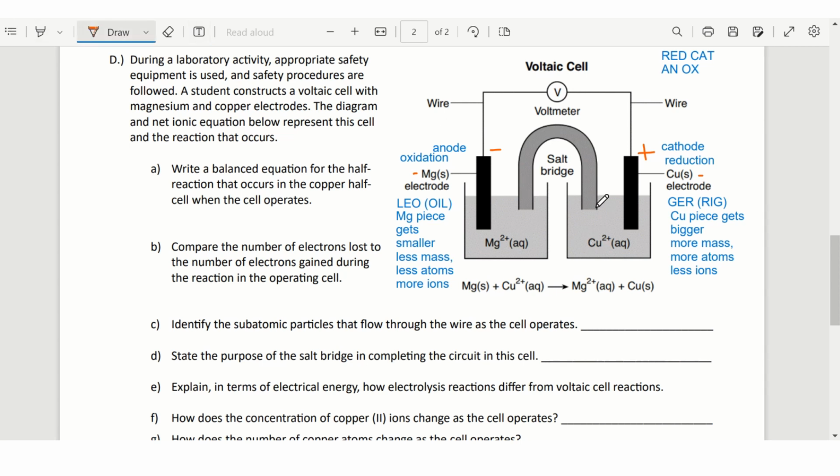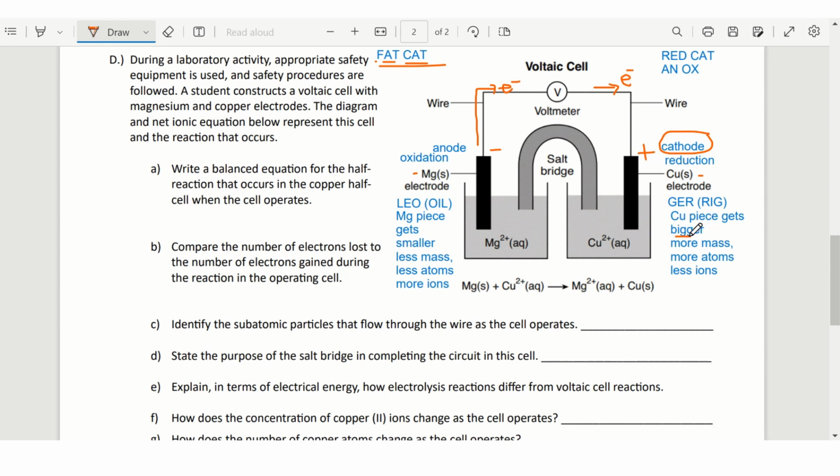Then I'm also going to draw which way do electrons go. Well, let's see. Do you remember fat cat? Electrons go from anode to cathode. So anode over here. So electrons are going to go like this, right? And continue like this. Also, fat cat can help you remember that the cathode gets fat.